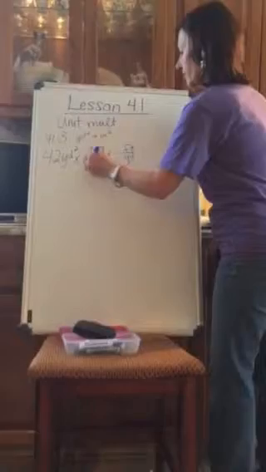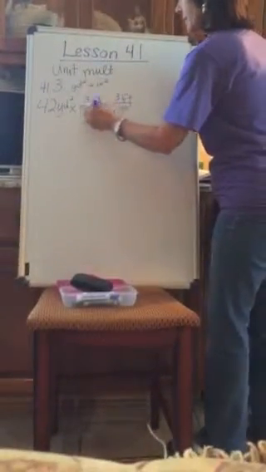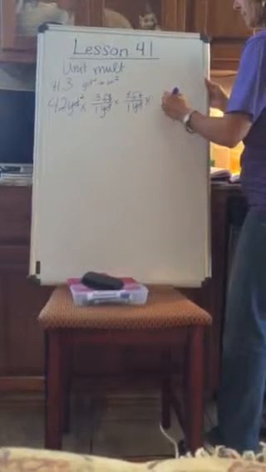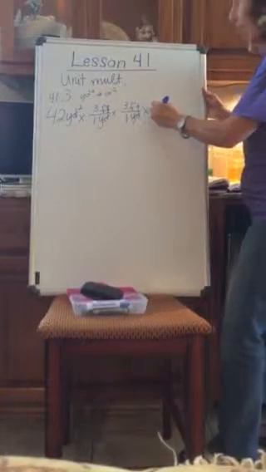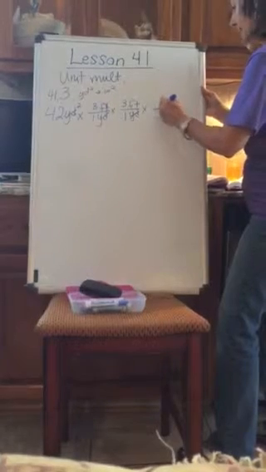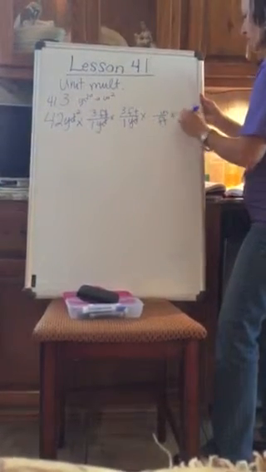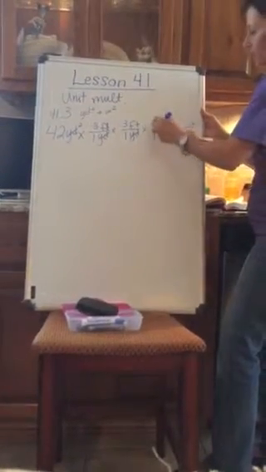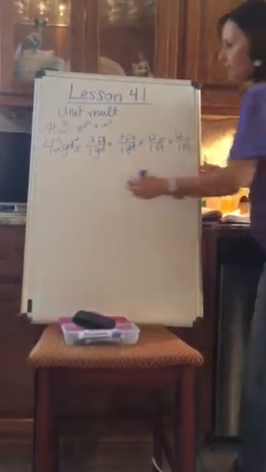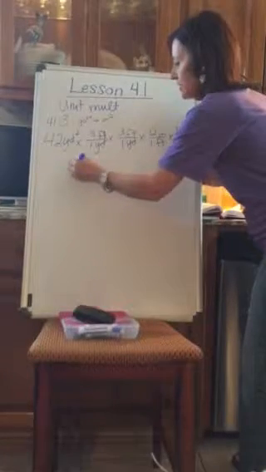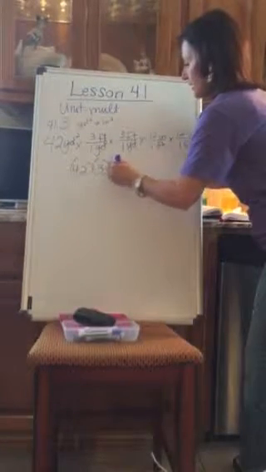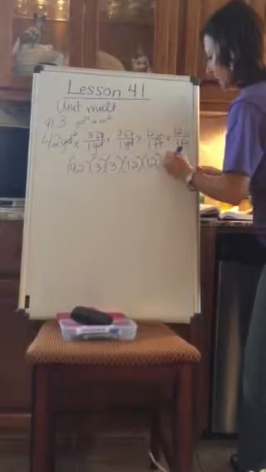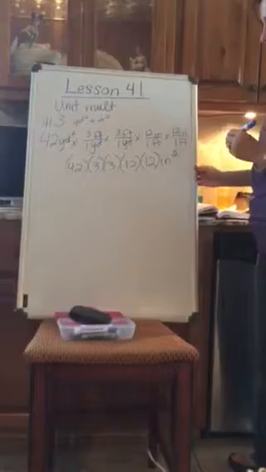And I know that there are 3 feet in 1 yard. Now I need to eliminate my feet, so I have to again use 2 unit multipliers. And I know there are 12 inches in 1 foot. So my answer is 42 times 3 times 3 times 12 times 12 inches squared.